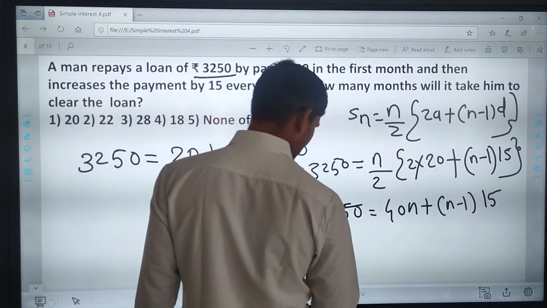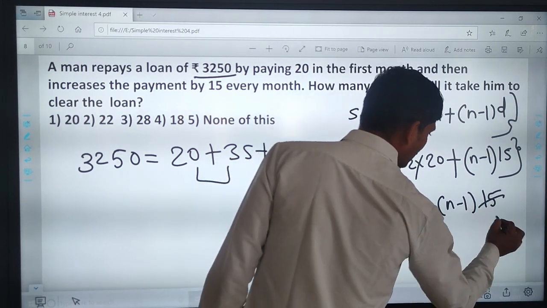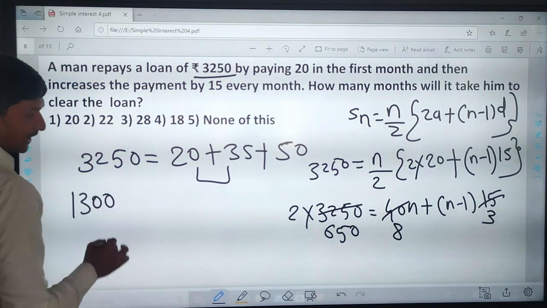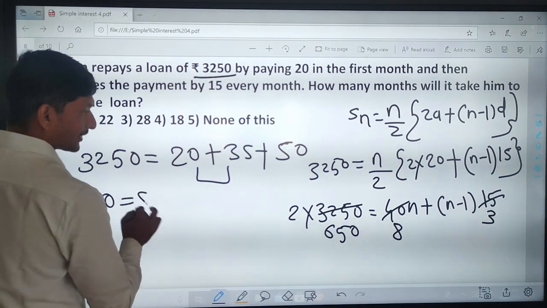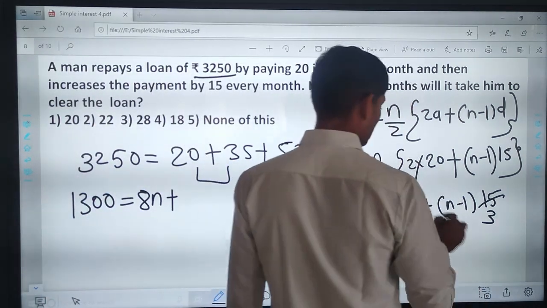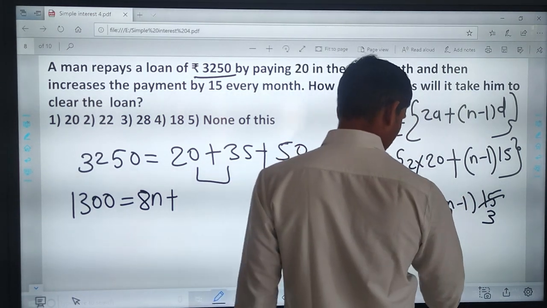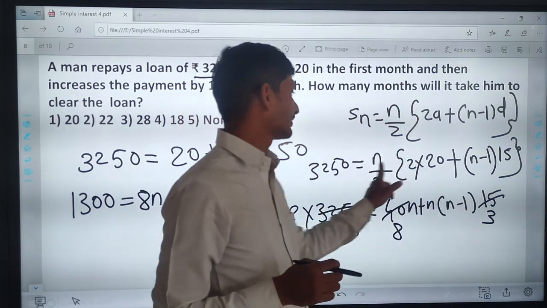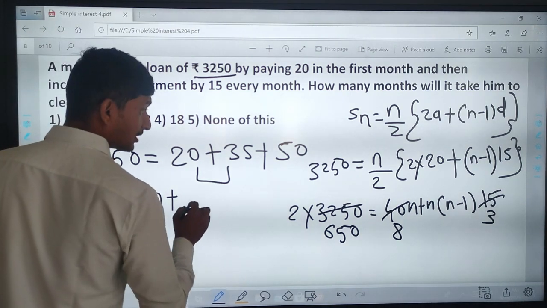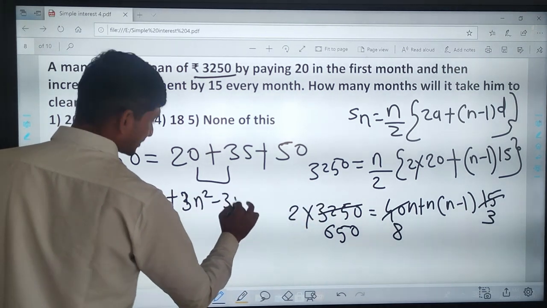Then we get 1,300 is equal to n into (8 plus 3(n minus 1)), which gives 3n square minus 3n.